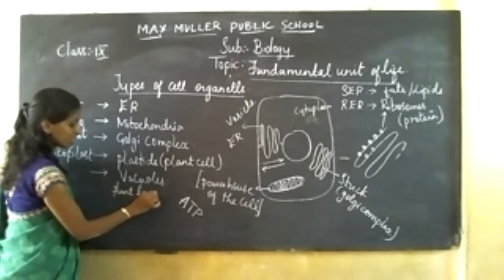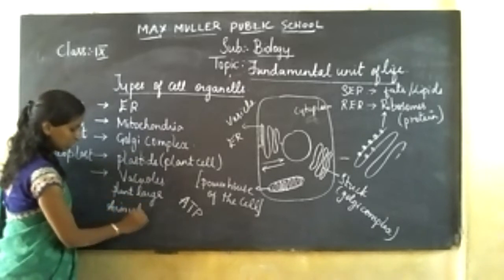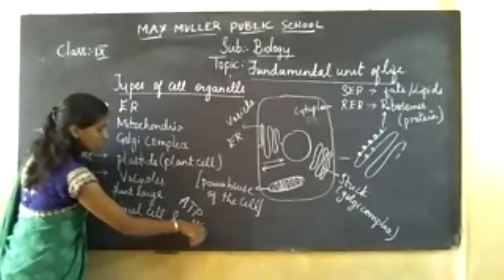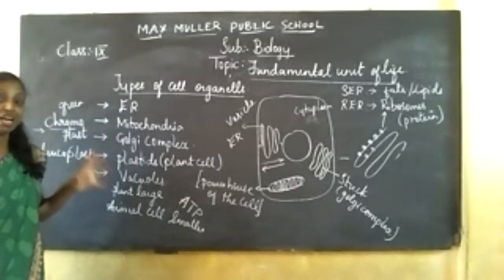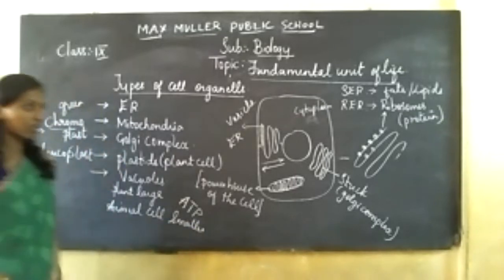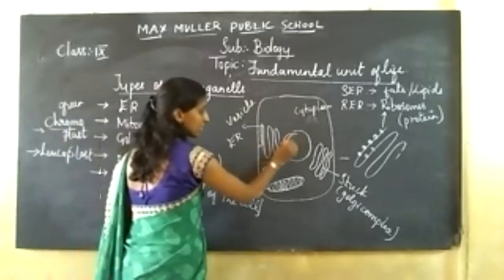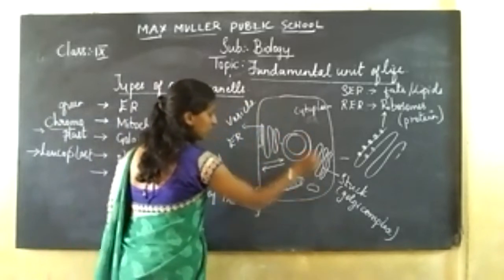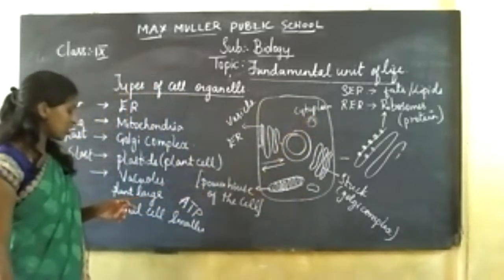In plant cells they are larger in size. In animal cells, they are smaller in size. As I told you in the difference between plant cell and animal cell, vacuoles are food bags, bag-like structures. See, if you consider this as your animal cell, the nucleus is at the center, and you can see a small circular bag-like structure, which is nothing but your food bag.